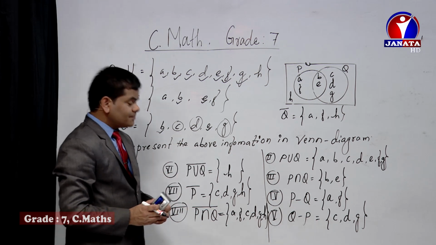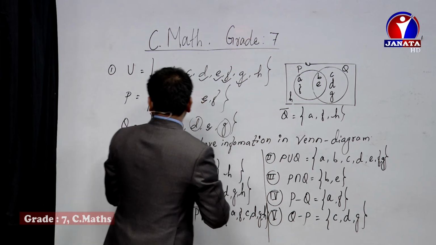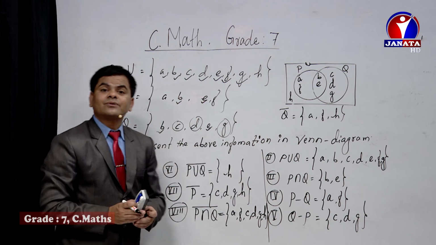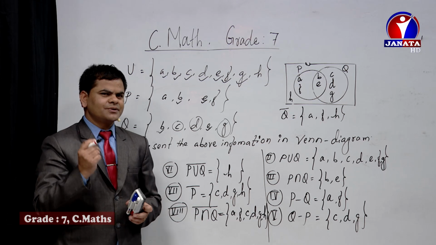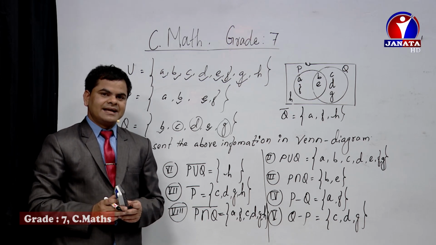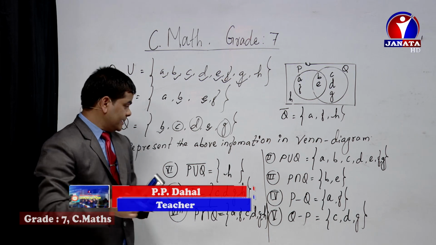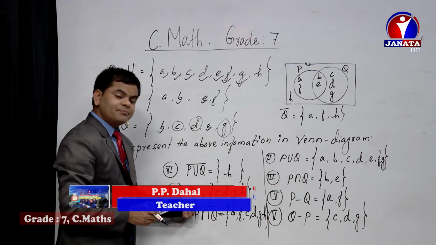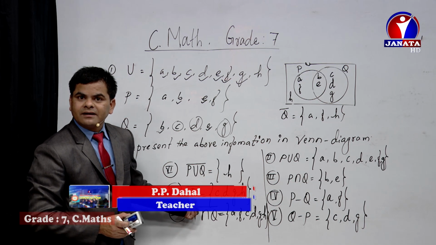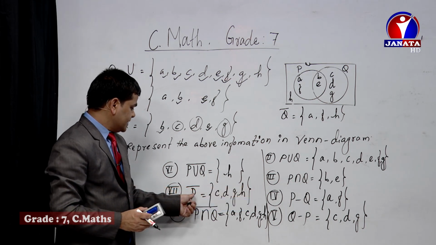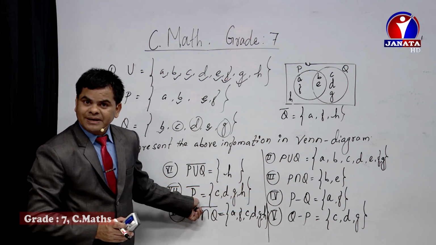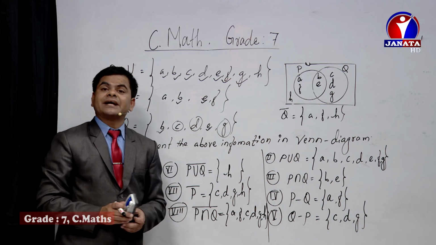Now dear friends, sometimes you will be asked to find the shaded region. One short question will be given to you. How to find the shaded region? The question will say, shade P complement in the Venn diagram. Question will be written, shade the area of P complement. If the question says so, which area should be shaded?